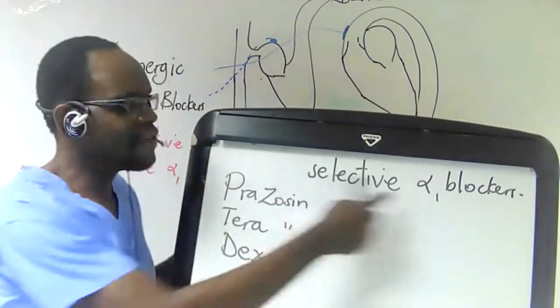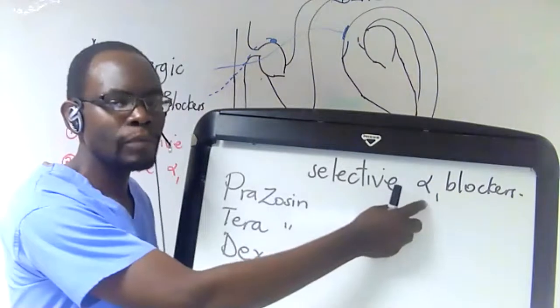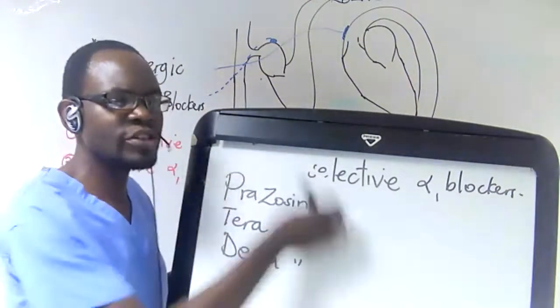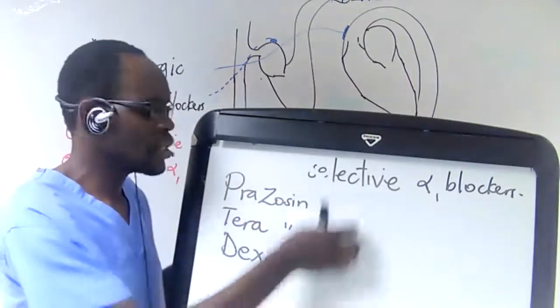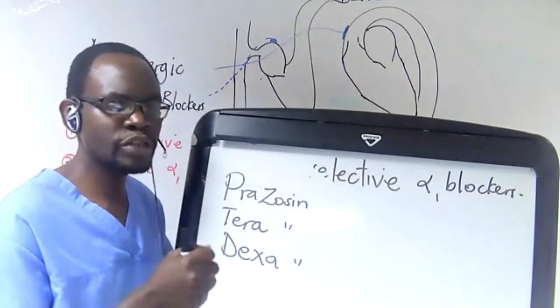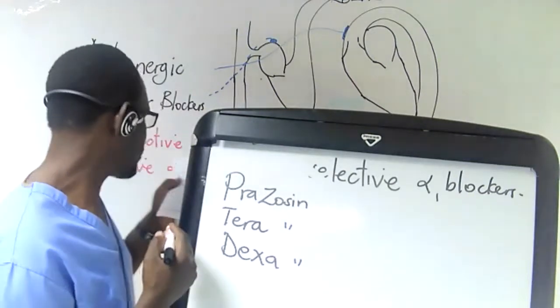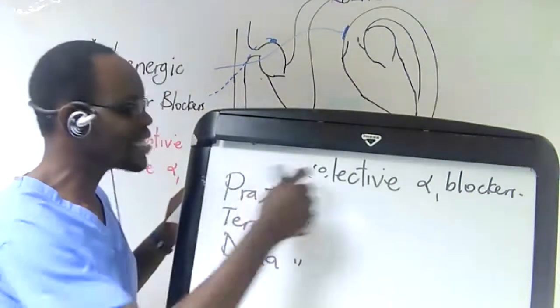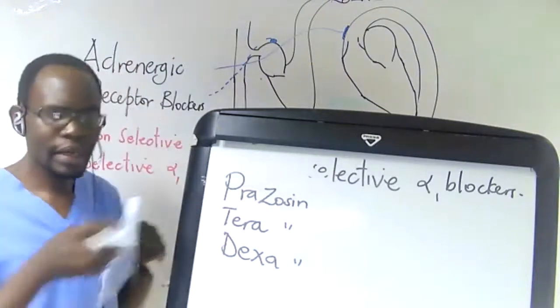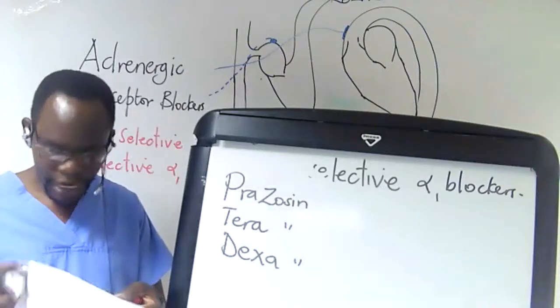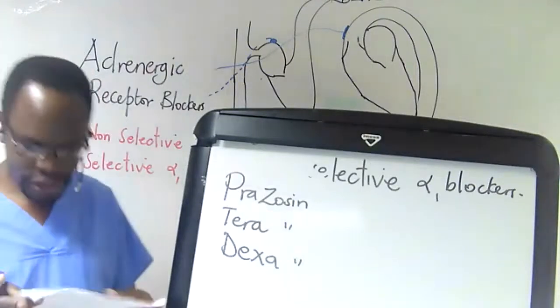So if they are blocked here, there will be things like vasodilatation, since we are not having stimulation. So basically, those are what we refer to as the selective alpha 1 blockers, and examples are the zosins.